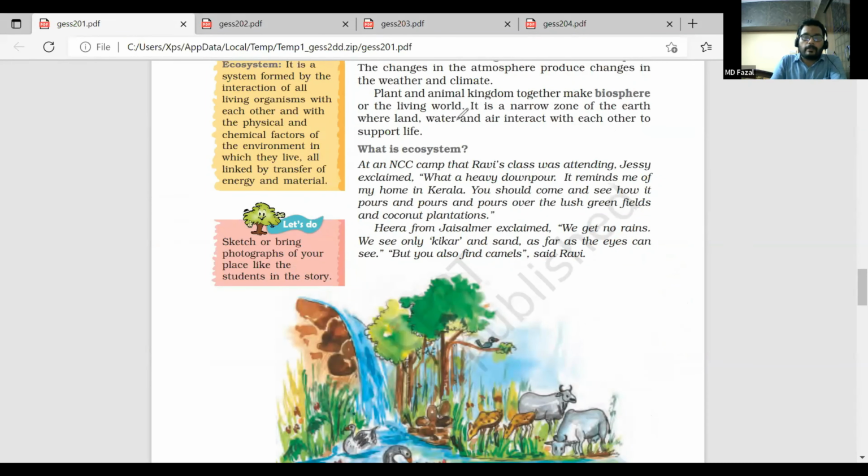What comprises the ecosystem? At an NCC camp, Ravi's class was attending. So don't get confused about who is Ravi, or you might go back to the first page and all. Don't waste your time. Ravi is that person who is always present in your class. One person will always be in your class with the name Ravi.